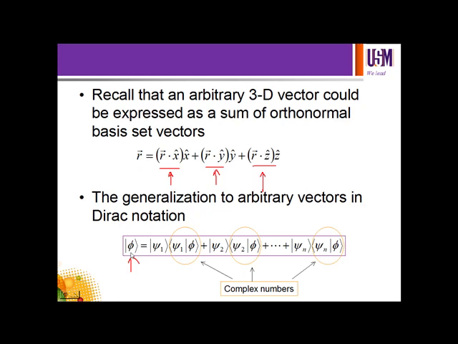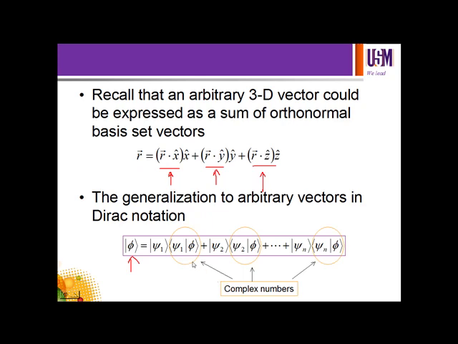Remember that the ket of phi is actually vector phi, and there is a vector psi 1, and we multiply with an inner product, psi 1 with phi. So you can see here the inner product is actually a complex number or a constant, or a number, should I say.